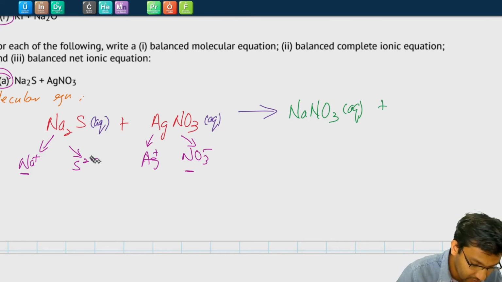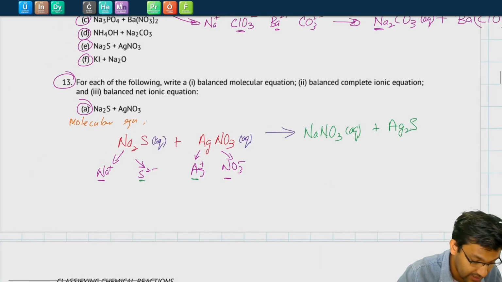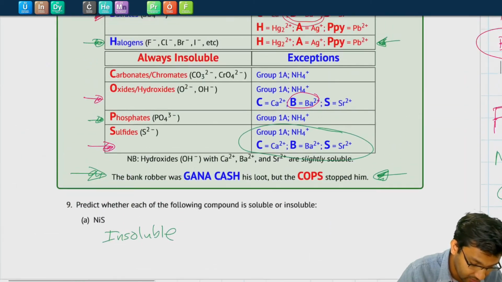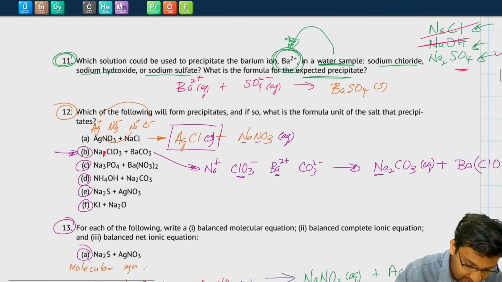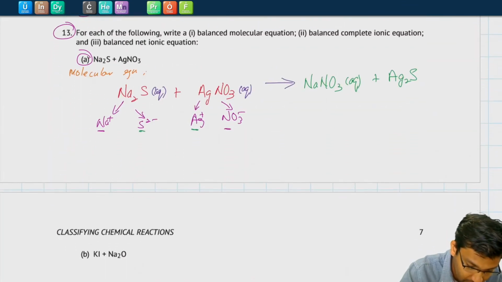And then let's do the other one, the cation from the silver and the anion from the sulfide. We need to double the silver to balance the charges, so we have Ag2S. All right, let's figure out whether Ag2S is soluble. We go up to our table. Sulfides are insoluble. Silver is not one of the exceptions, so that will be a solid. So, solid.